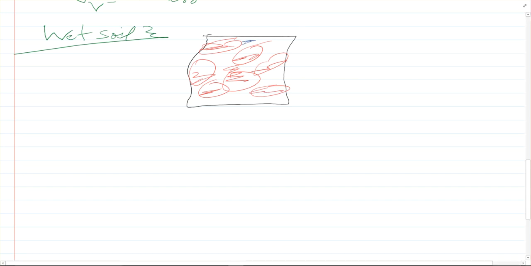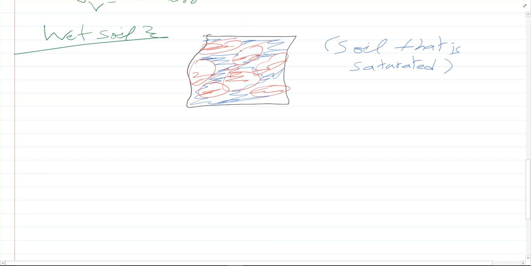So water is filling the voids between these solid particles. And there is no air, because in soil behavior we only deal with soil that is saturated. So always the volume of air will be 0.